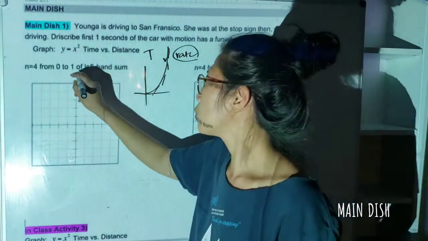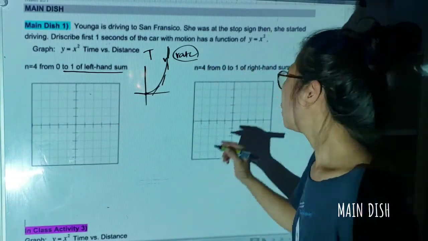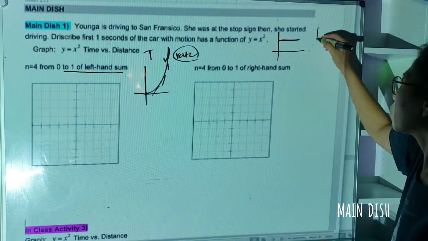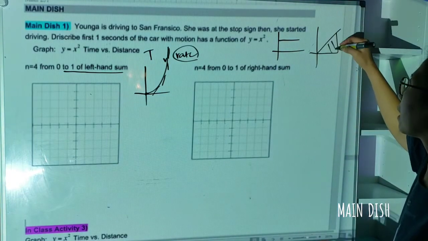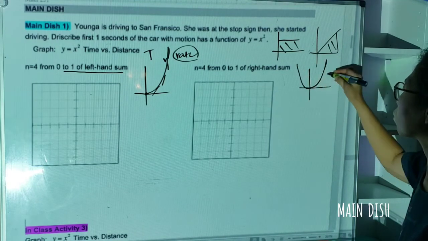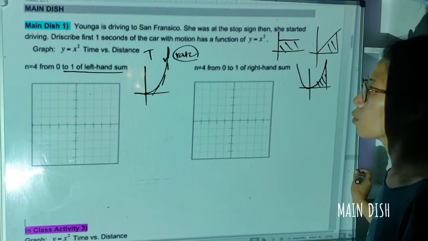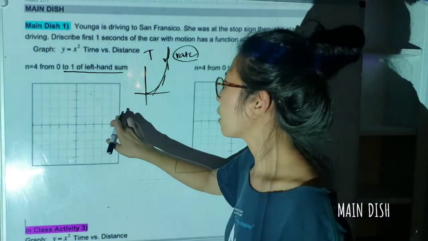So I want to observe the first 1 second, and here we are going to see that if this graph looks like this way or it looks like this way, finding the area is easy. But once it becomes some function like a quadratic, then we haven't learned how to find the area. So I'm going to show you in this section how we're going to find the area here.